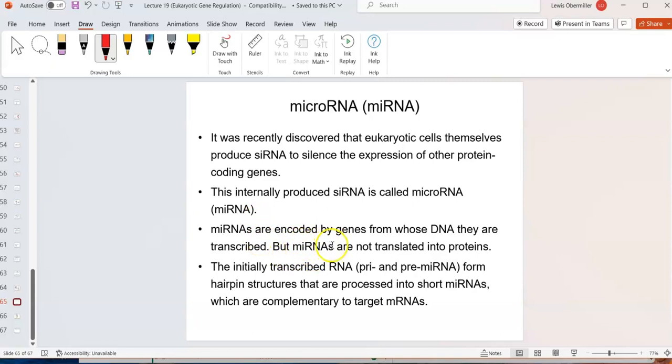They're not translated into proteins. Their job is to activate the RNA interference pathway. They make hairpin structures. So they code like this, and then this part is the double-stranded RNA. But these are quite lengthy, and this activates the RNA silencing mechanisms to shut down the targeted mRNAs. So that's another way that you can regulate gene expression.